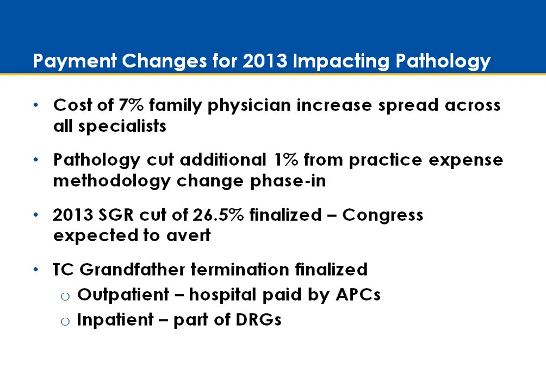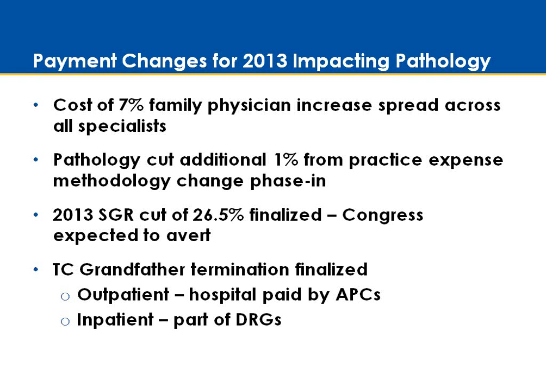So to get the increase in payment for family physicians, basically it's going to come from all specialists. And that resulted in some of our decrease on the PC side as well. We also were cut an additional 1% from the practice expense methodology change phase-in. This is basically a change in the Medicare formula, which we really can't do anything about.